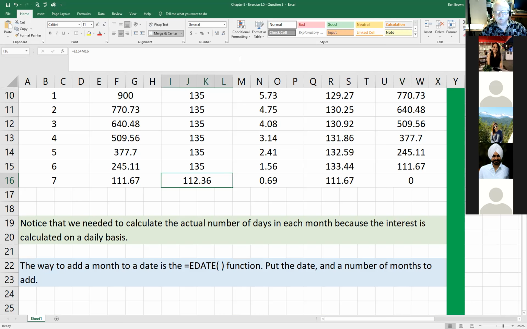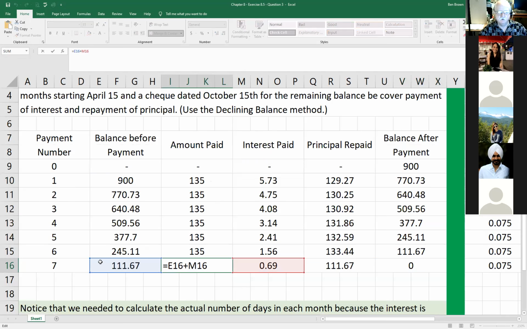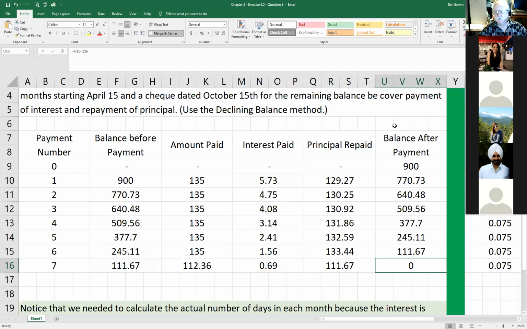So this last payment had to be the sum of the balance before payment plus the interest to make this payment exactly enough. So the balance after the last payment is exactly zero.